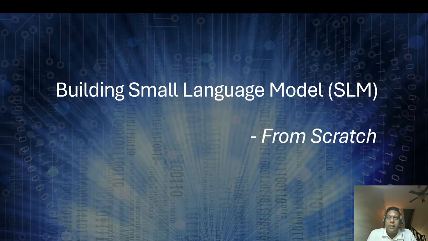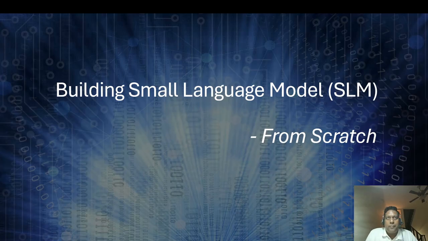So I was truly intrigued and fascinated by what this large language model was, and clearly wanted to build one myself. And given the resources and the GPUs that are required, it is difficult, so scale down the ambition, and now this is about building small language models from scratch, right?